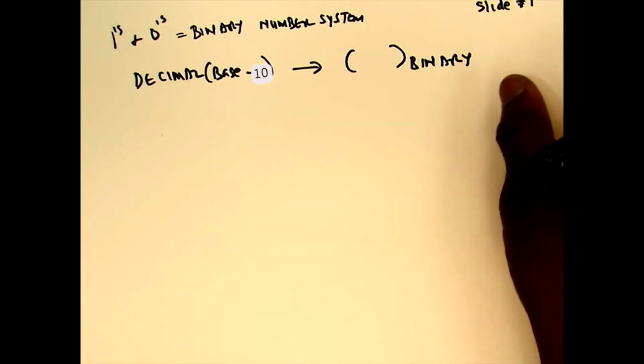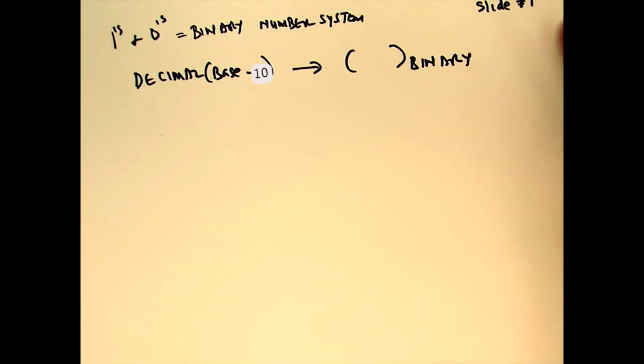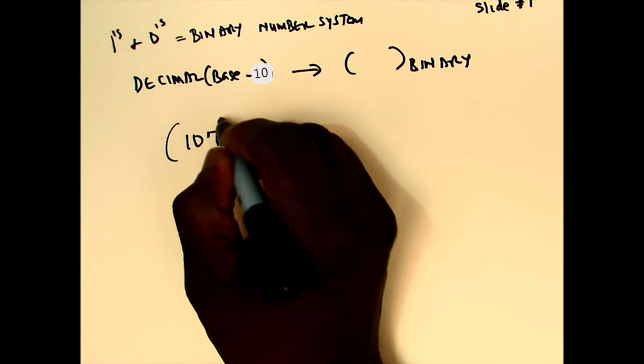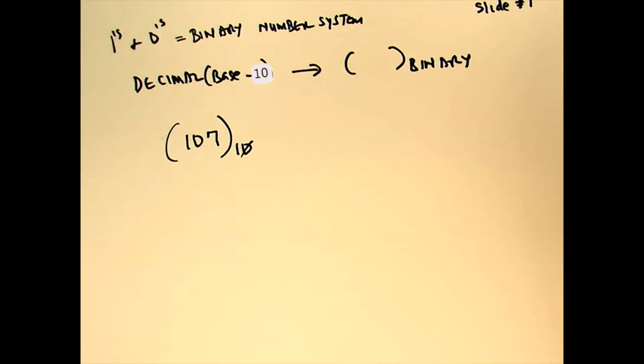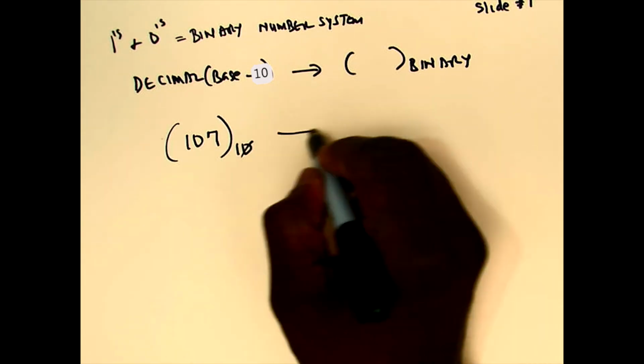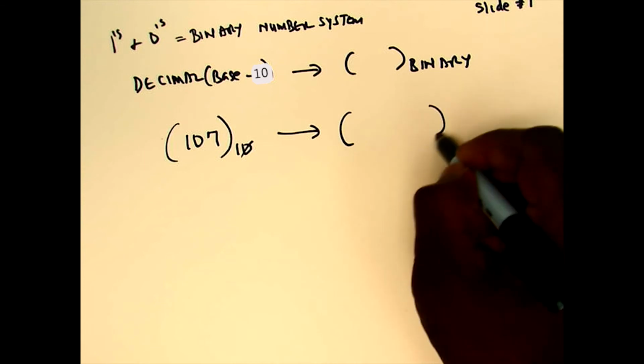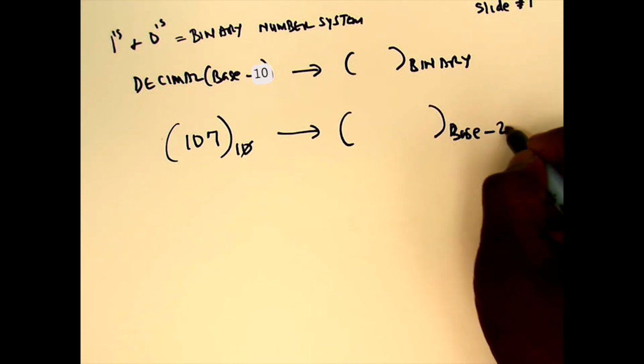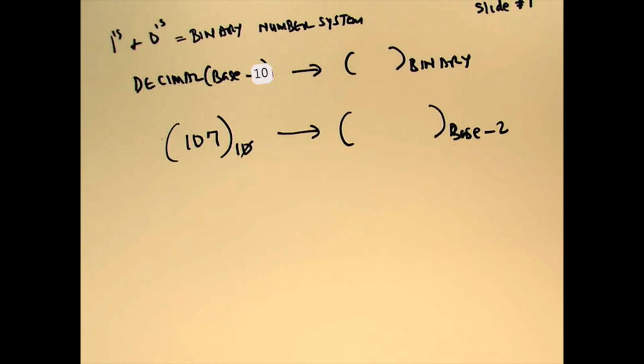Decimal to binary. So let's just pick any number randomly in decimal. I'm just making this up. Suppose we have 107 decimal. The key is how can we take it to a bunch of ones and zeros, which is base 2 or binary.